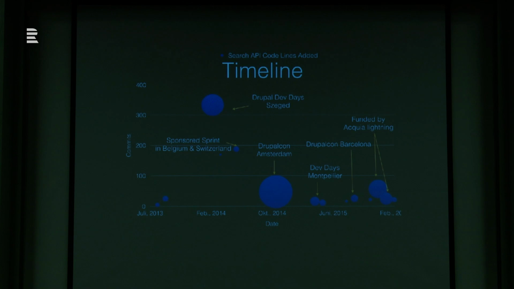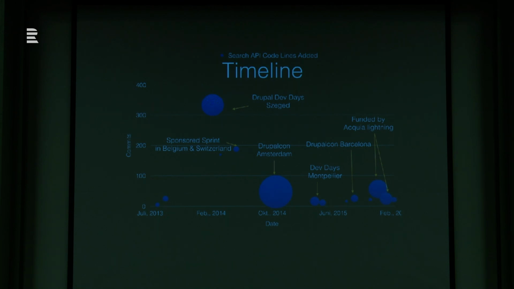This is a timeline that stops in February of this year, so I should update this slide soon. But as you can see, we had Drupal Dev Days in Szeged, and a lot of issues got committed, a lot of lines of code got added, and a lot of work got done at that event, as well as DrupalCon, or Dev Days in Montpellier, or another DrupalCon.